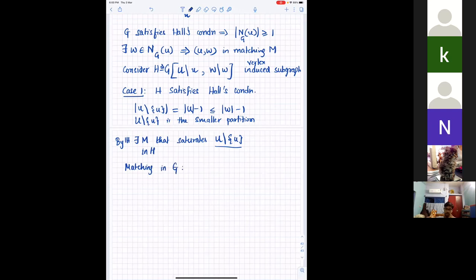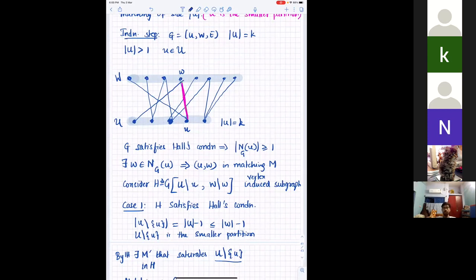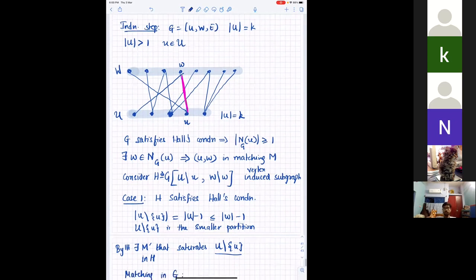Ma'am, we are considering the induction on the cardinality of U, right? Correct. So having removed w, how can we say that by the inductive hypothesis there exists a matching that saturates U minus u in H? We are no longer considering the vertex w. Correct. We have removed u, and we have removed w also.